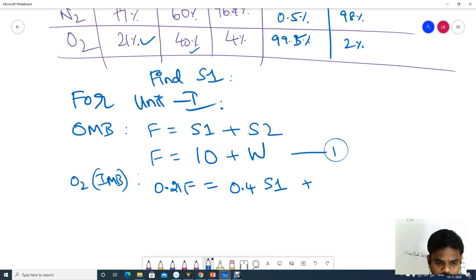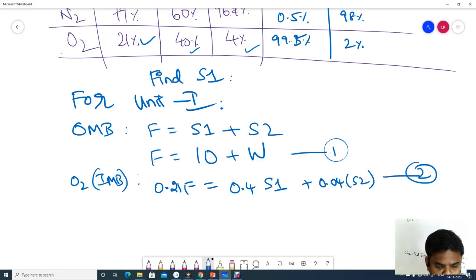So what is W here? 2% oxygen, right? Within the first unit. Stream 2 has 4% oxygen, so that is 0.04 into S2. So this is equation number 2.